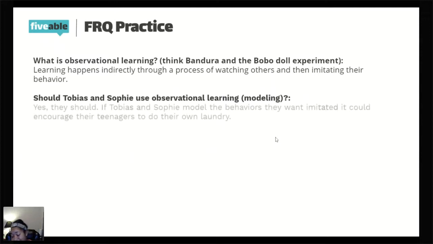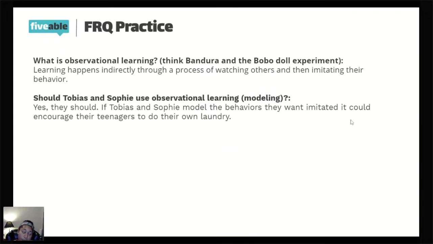All right, so yes, they should use observational learning. And here's why. If Tobias and Sophie model the behaviors they want imitated to their teenagers, it could actually encourage their teenagers to do their laundry.